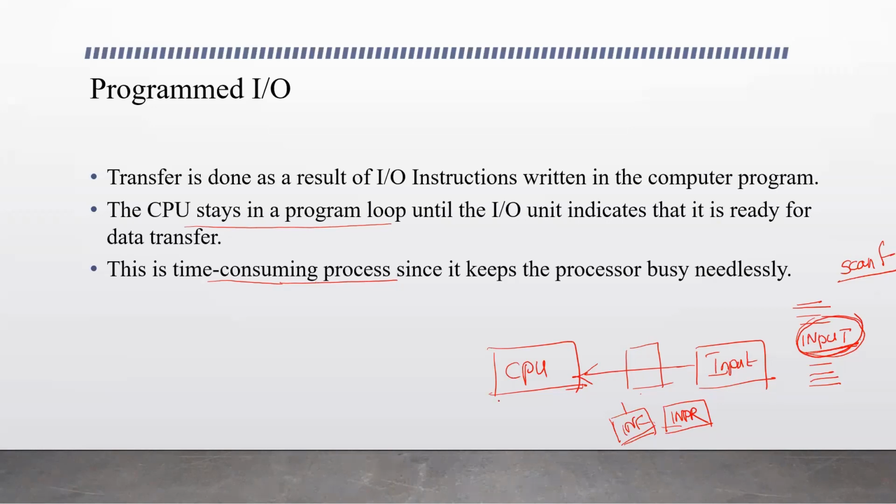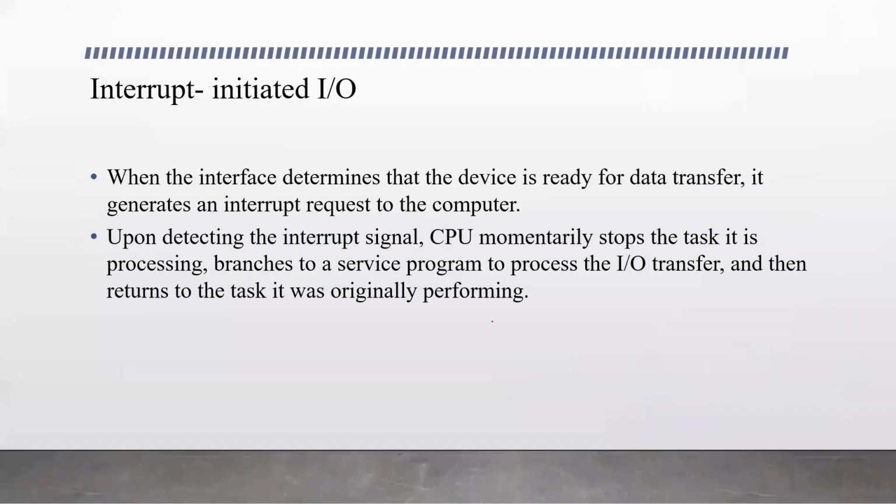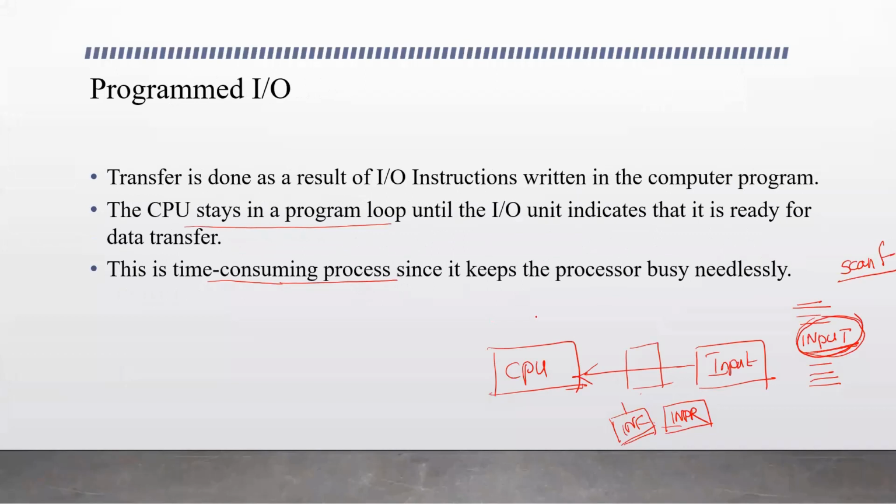Let me give you an example, so you will understand. Let's consider that you are creating a Word document. You are working on creating a Word document, and in the middle of this process you want to refer to something.